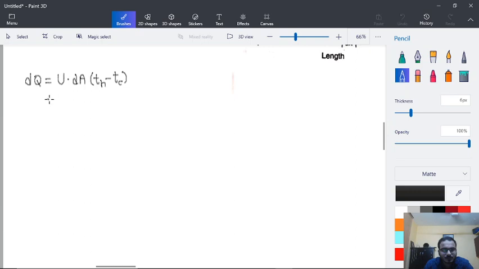So is equal to, here we can write down it as MH CH into minus dTH is equal to MC CC into dTC.